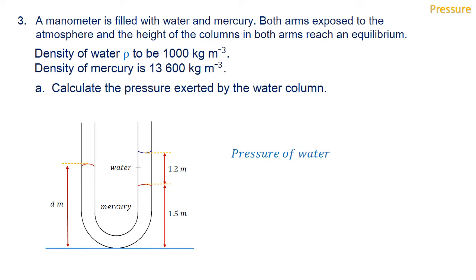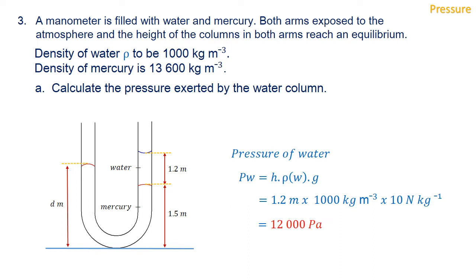Pressure of water P equals h rho g, equals 12,000 Pascal.